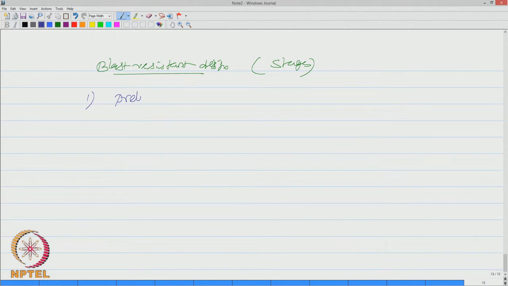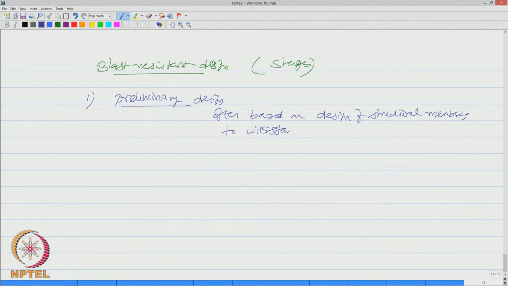Let us talk about the preliminary design, which is often based on design of structural members to withstand a nominal overpressure and impulse.